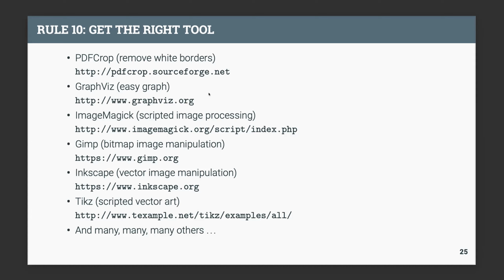GraphViz is also something useful if you want to make a graphic with boxes and arrows, so you have something that is linked to another thing that is linked to another thing. Let's say you want A in a circle with an arrow to B in a circle.